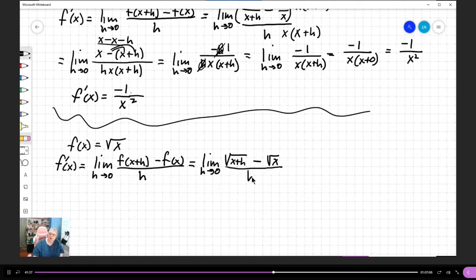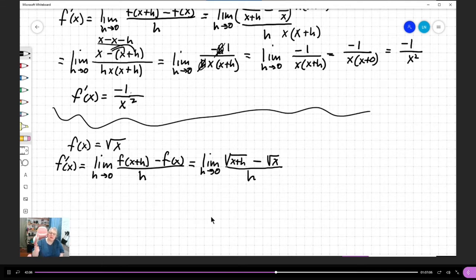all over h. I can't put 0 in for h yet because that would give me a 0 in the denominator. There's nothing on top that I can do just with what I have here to simplify that at all. So when I have a square root, what I have to do is rationalize the numerator.